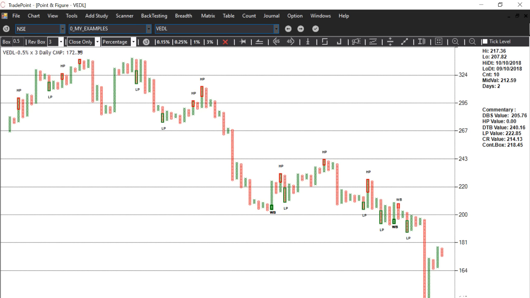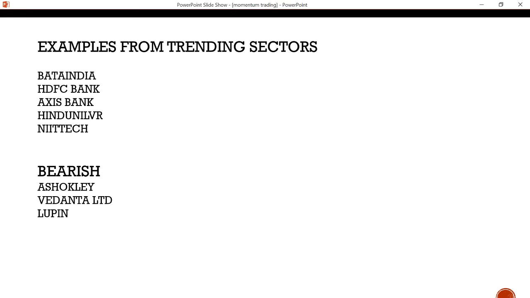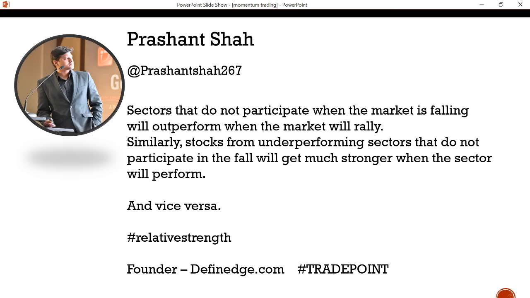This is nothing but a relative strength technique which is shared by my mentor, Mr. Prashant Shah. He always talks about trading continuation patterns, and he always advises to trade continuation patterns in the direction of the trend. So now, as I said, the sectors which do not participate when the market is falling will outperform when the market rallies.